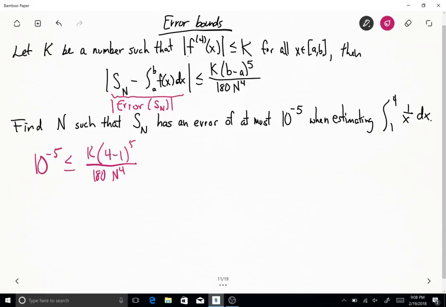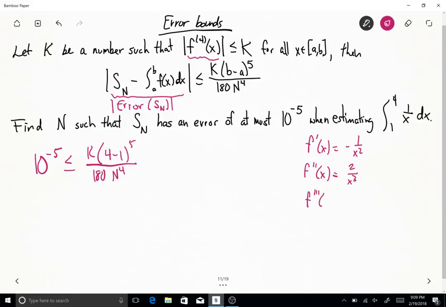In order to find k, though, notice you need a fourth derivative. So let's keep on looking at derivatives. The first derivative of 1 over x is negative 1 over x squared. The second derivative would be positive 2 over x cubed.